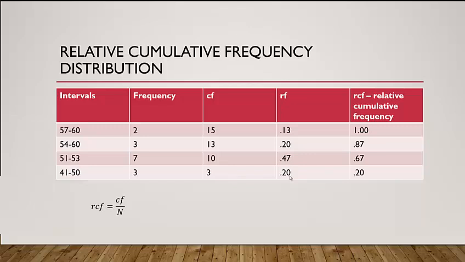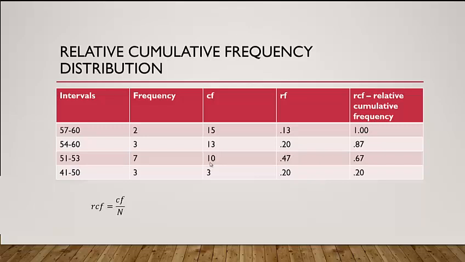So when we say that 20% were in the 41 to 50, our relative cumulative frequency is 20%. But when we look at the seven occurrences between 51 and 53, our cumulative frequency is 10.